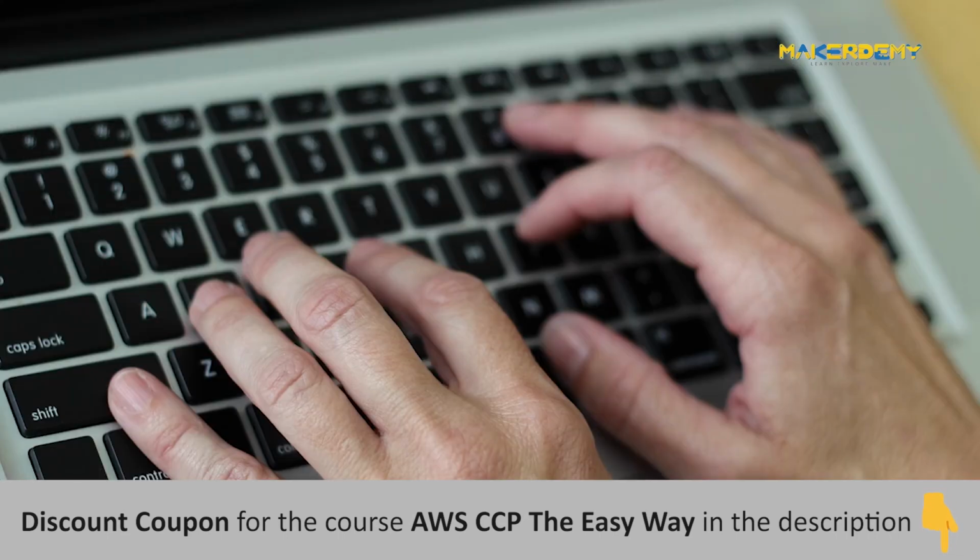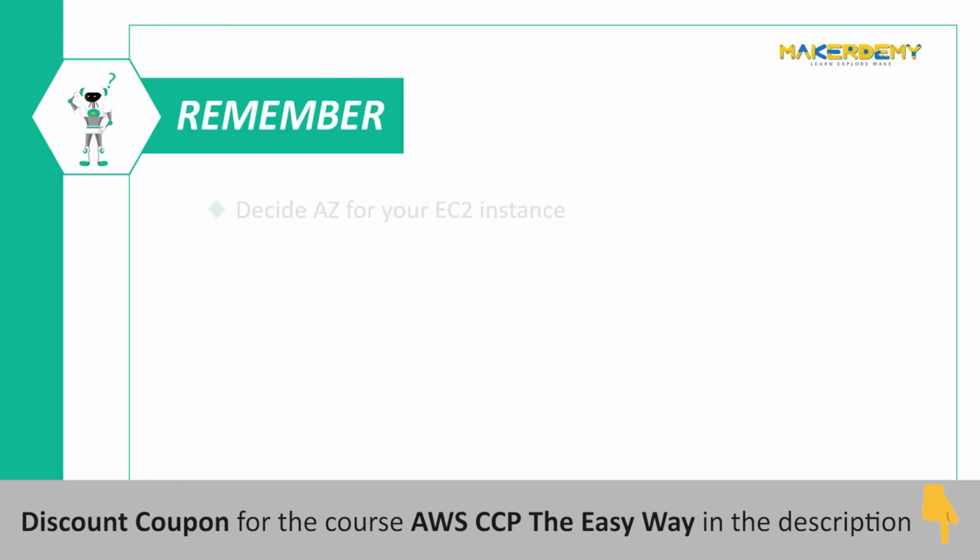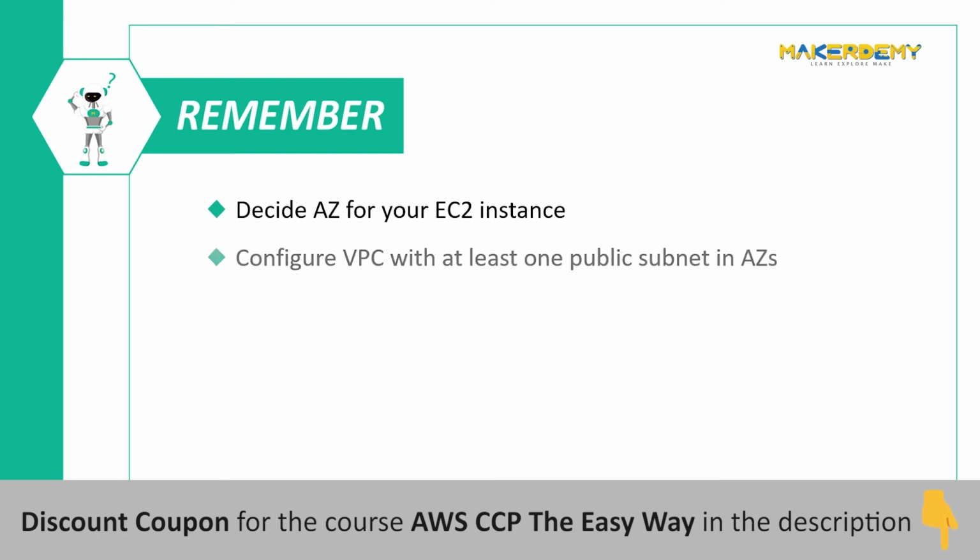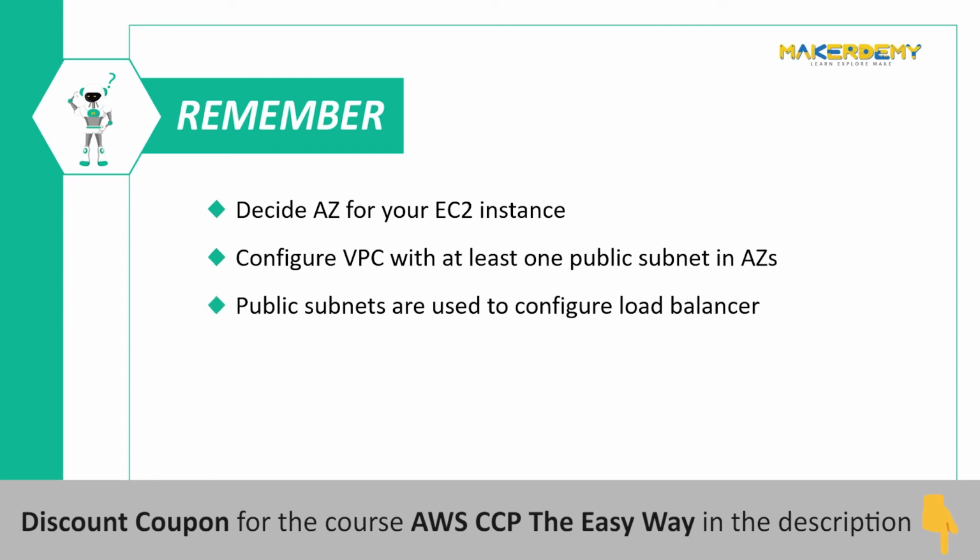Now let's go hands-on creating an ALB. Before starting, make sure to decide which two availability zones you will use for your EC2 instances. Configure your virtual private cloud, or VPC, with at least one public subnet in each of these availability zones. These public subnets are used to configure the load balancer.